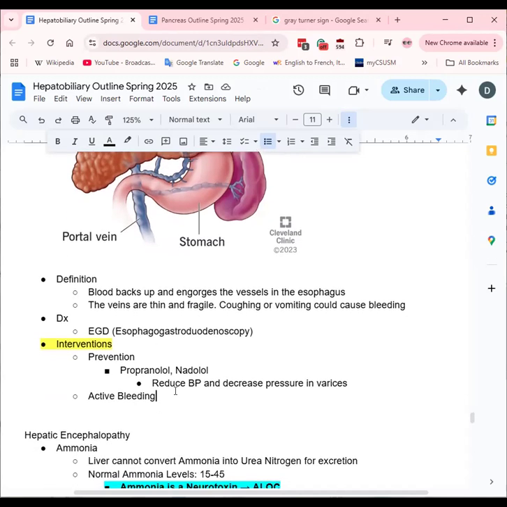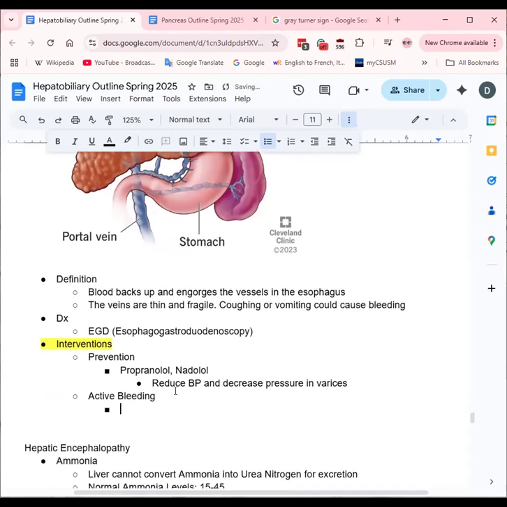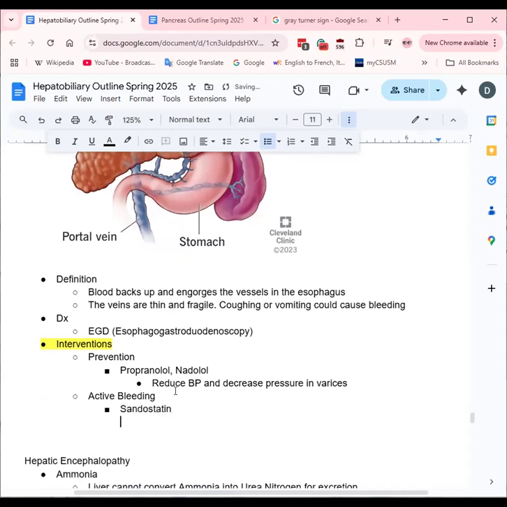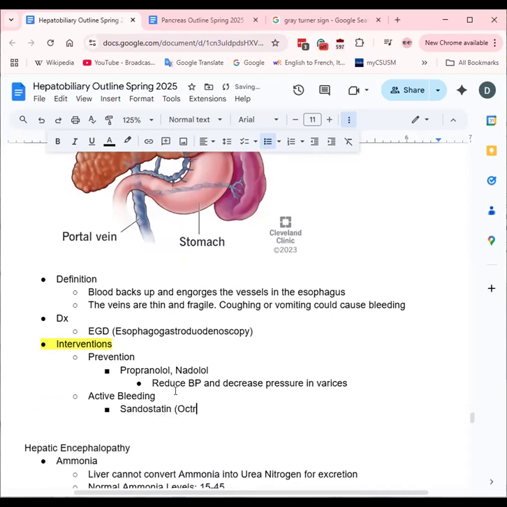But when you are actively bleeding, that's when you want Sandostatin, which is called octreotide, which constricts to help stop the bleeding.